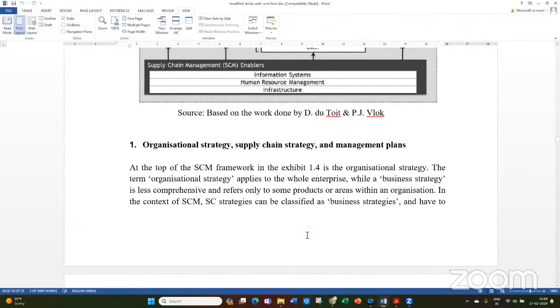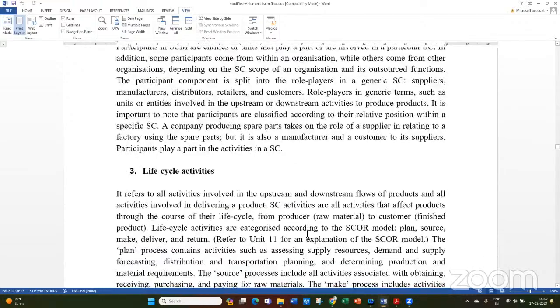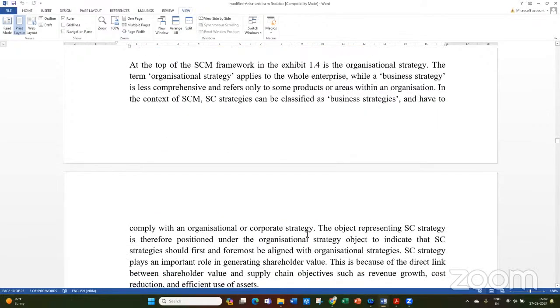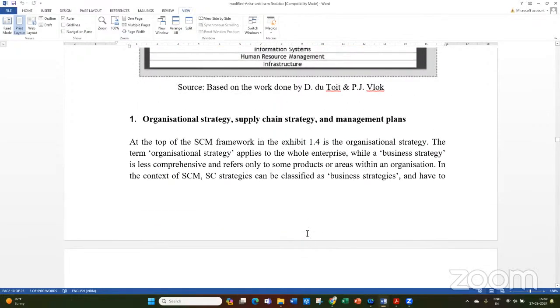Trade strategy, supply chain management plans. If you see figure 1.4, operational strategy is going to be whole improvements of business.